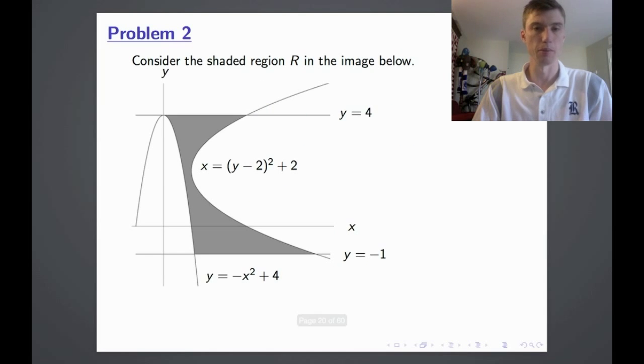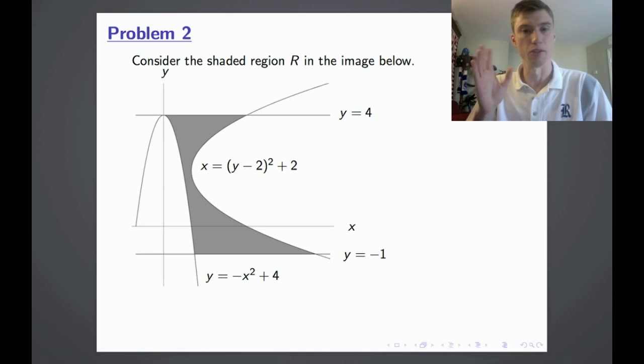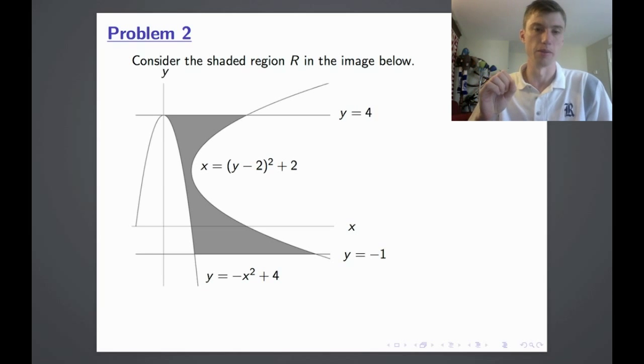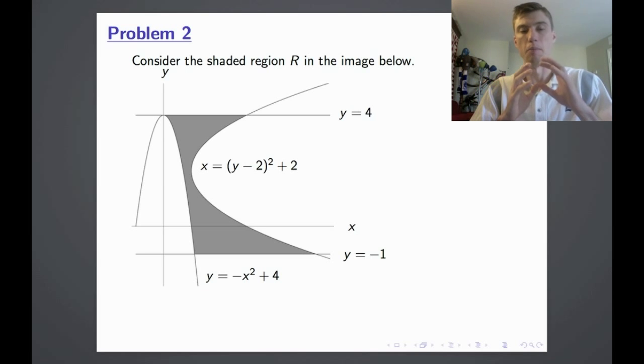Problem 2 is a little bit more extensive. Here I've included a graphic for you. It was too big to fit on the original problem statement, but we have a very oddly shaped region, and the shape of this region will lend itself to an easier integration with respect to one variable as opposed to the other.